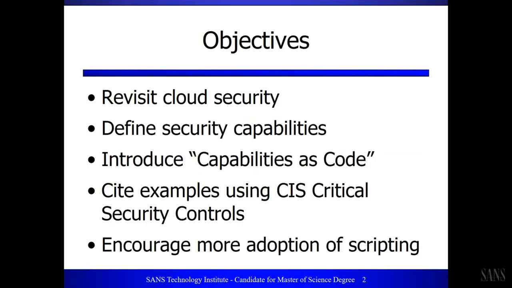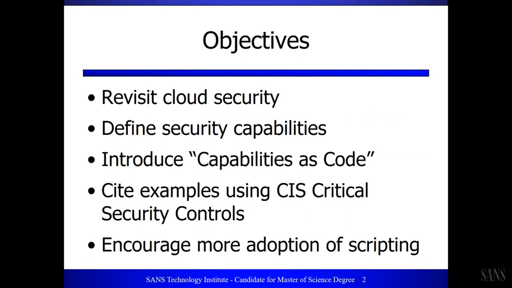Although this presentation is heavily focused on Amazon Web Services, the concepts will apply equally well to Google Cloud Platform and Microsoft Azure. My goal with this talk is to encourage you to use the cloud to sharpen your security skills and to do it in such a way as to create a portfolio of security capabilities.